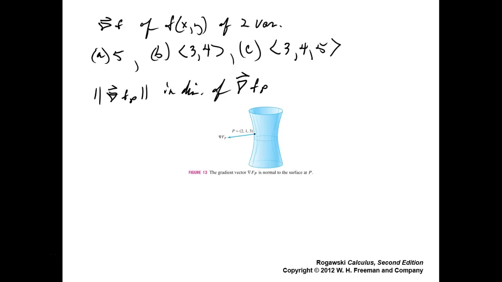Yeah, I can't remember what direction they said. Southwest. Okay, southwest, because this is northeast. So to get no change in temperature, you go this way because it's perpendicular or orthogonal to your level curve. And that would be either southeast or northwest.